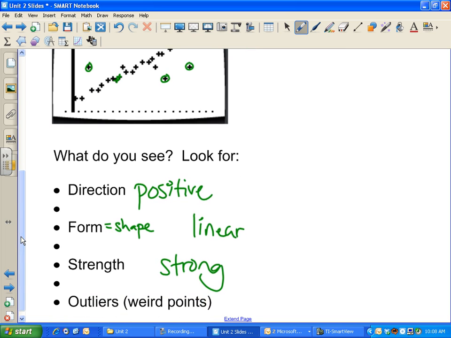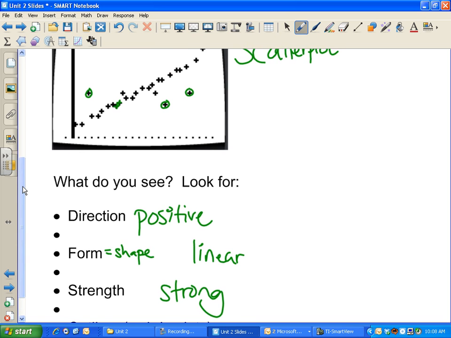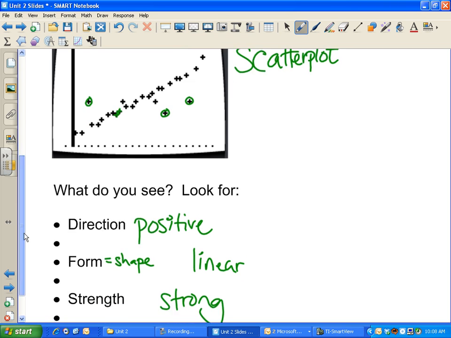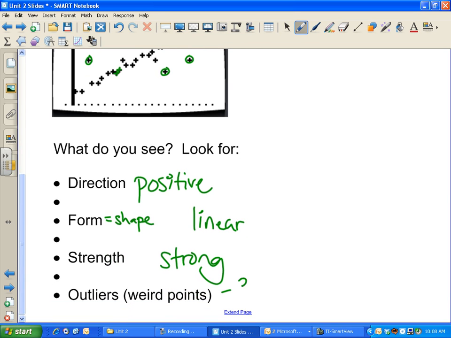And the last thing I'm looking for are any outliers, any weird points that just aren't doing the same thing as everybody else. And you'll notice I kind of circled. There are 3 that just seem like they're not really playing with the group. So I would just notice 3 that are not together.